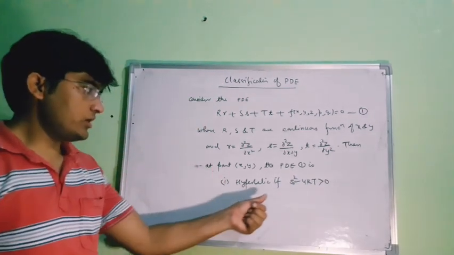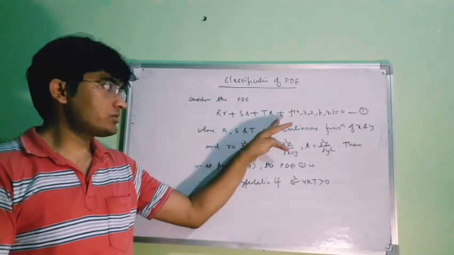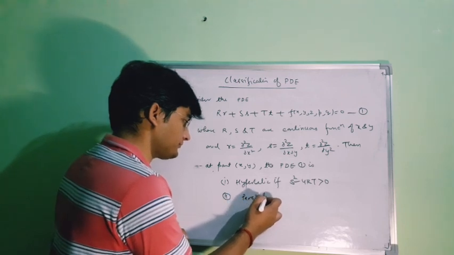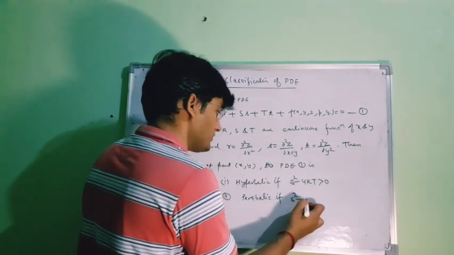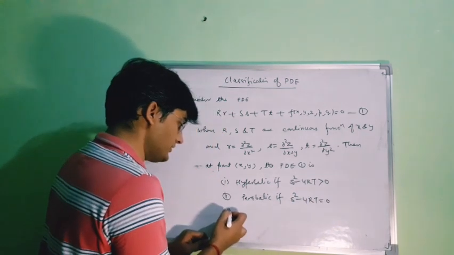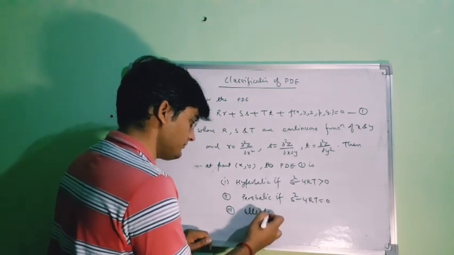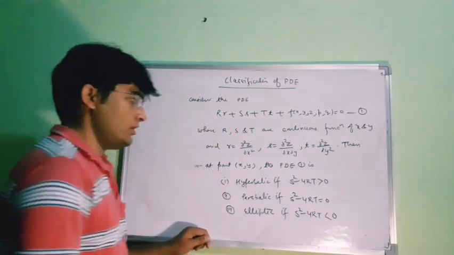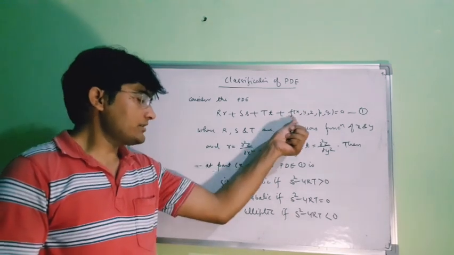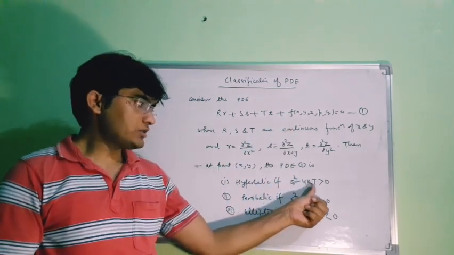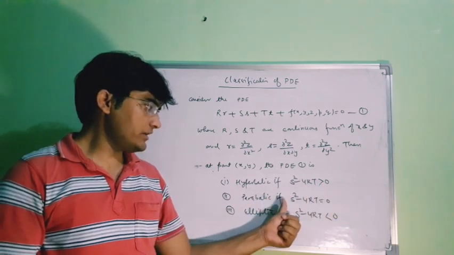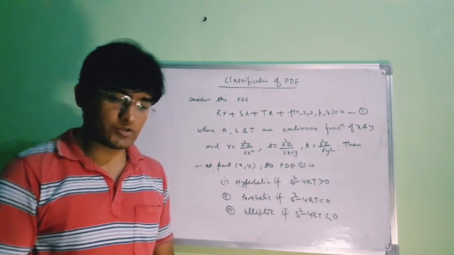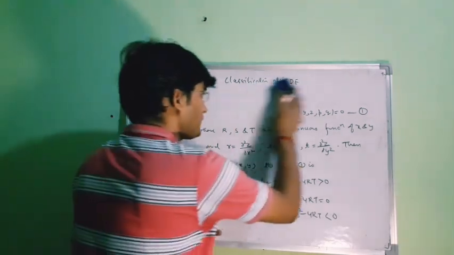If s square minus 4rt is greater than 0, then we will say that this equation number 1 is hyperbolic, and it is parabolic if s square minus 4rt is equal to 0, and it is elliptic if s square minus 4rt is less than 0. So at this point we will say that this partial differential equation is hyperbolic if s square minus 4rt is greater than 0, parabolic if it is equal to 0, and elliptic if it is less than 0.